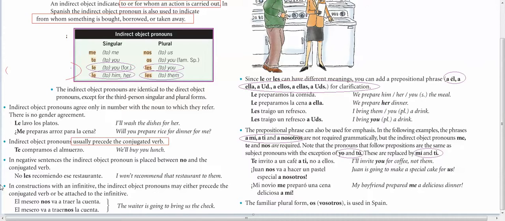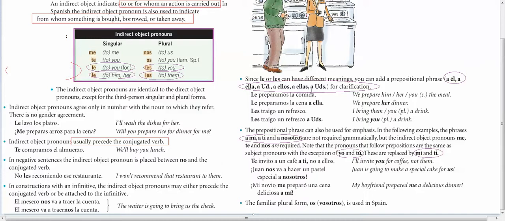Another thing, le and les have different meanings. So to make sure that whomever you're speaking with or whoever you're writing something for understands what you're trying to say, you can add the prepositional phrase a él, a ella, a usted, a ellos, a ellas, or a ustedes.